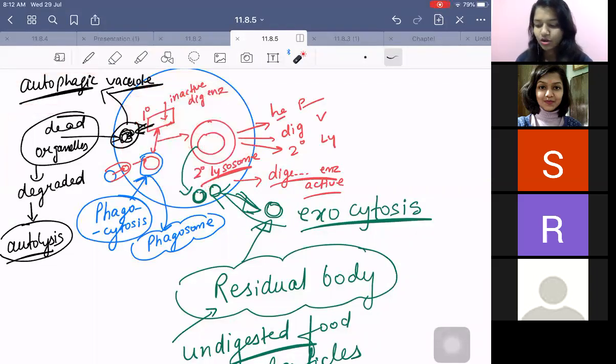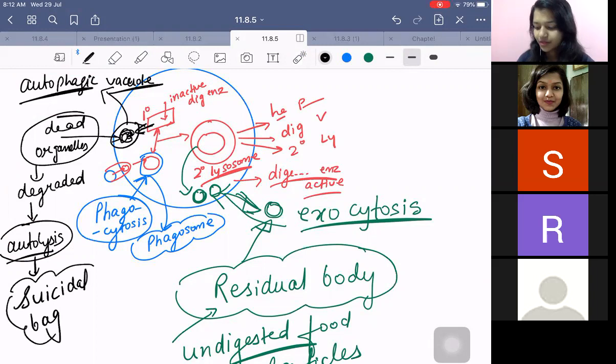That is called autolysis, or self-death. That is why lysosome is called the suicidal bag. Okay. Any doubt up to here?